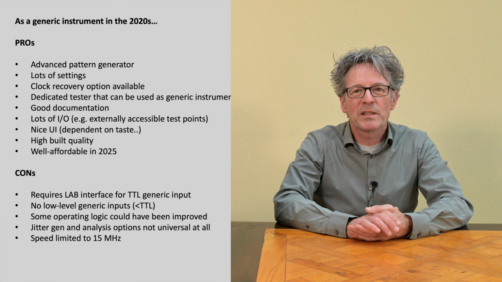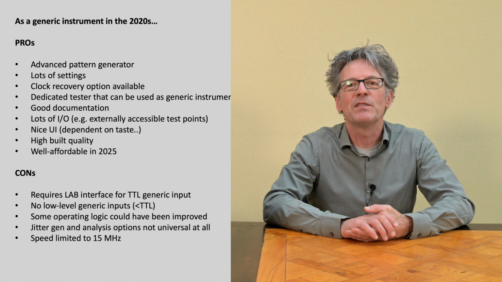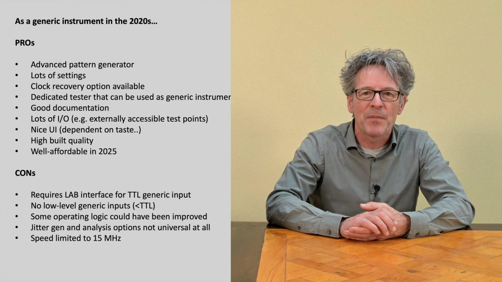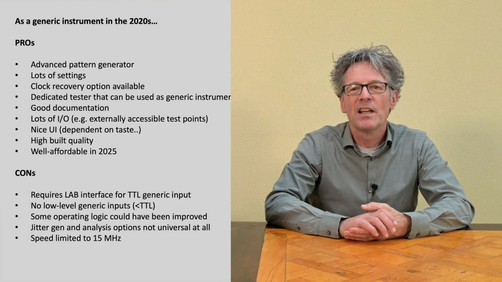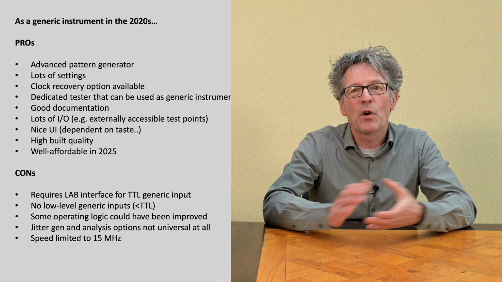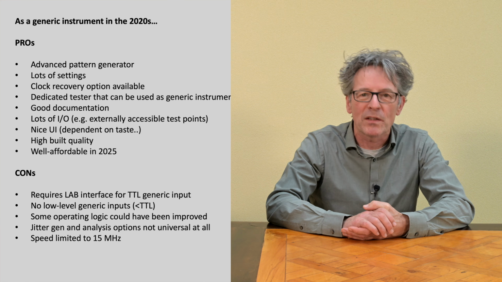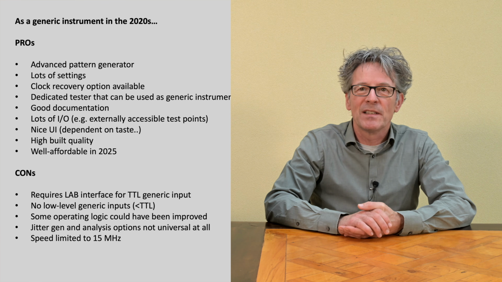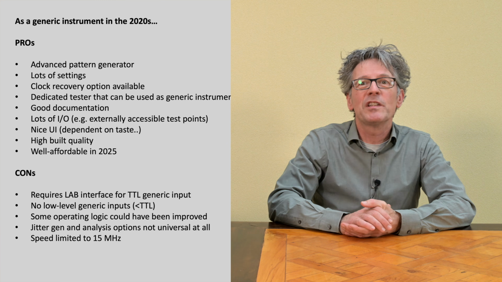Going more into the specific pros and cons of this device, I would say it's an advanced pattern generator with a lot of settings. You got, for example, clock recovery, even though it's an optional part of it. It's a dedicated tester that can still be used for generic purposes.